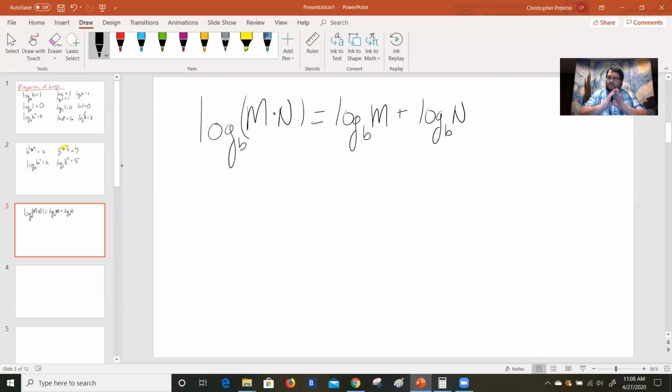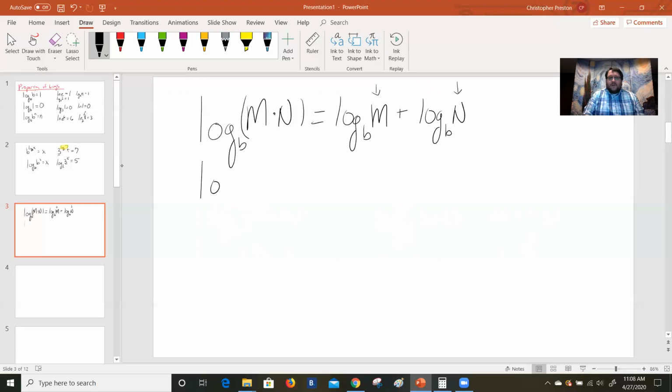So again, think of this as exponents. This log b of m times n is saying, what's the power of this base that would give you whatever this product m times n would be? And that power is equal to the power that would give you this number plus the power that would give you that number.